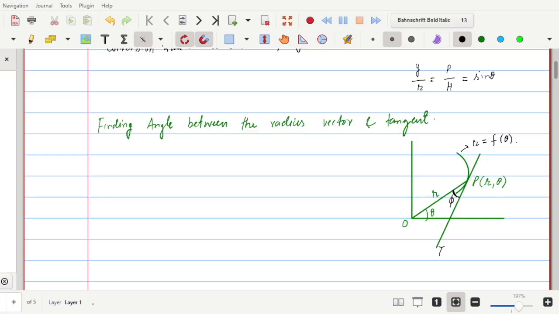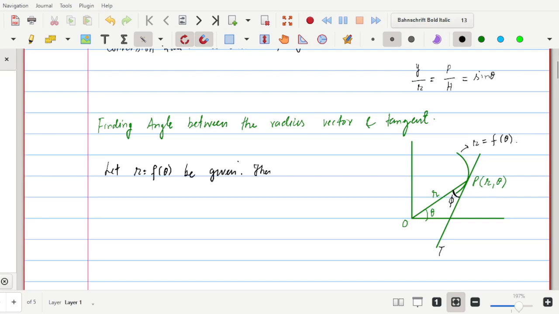So we shall write down the rule for how we evaluate this phi. Our given curve is of the form r is equal to f of theta. So let r is equal to f of theta be given.